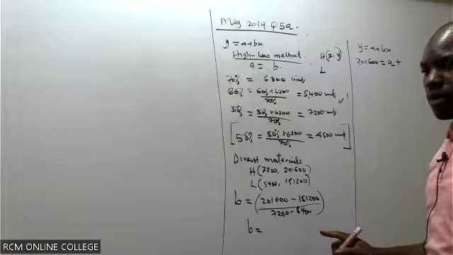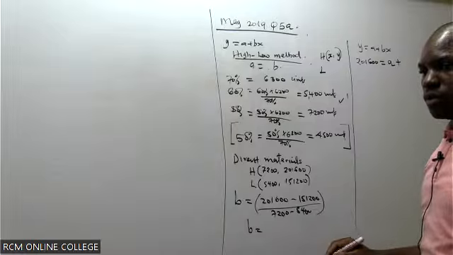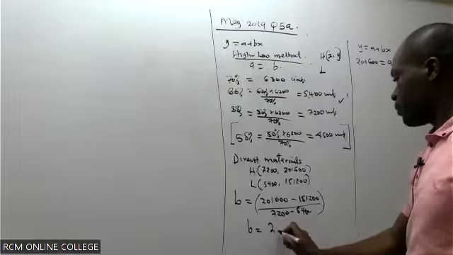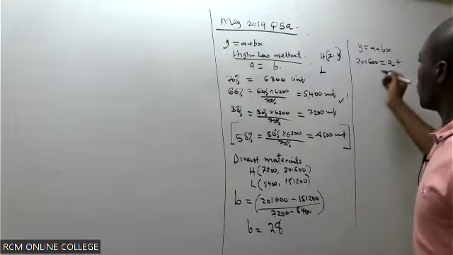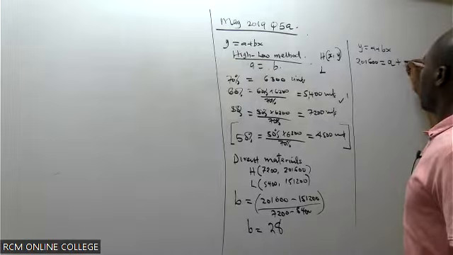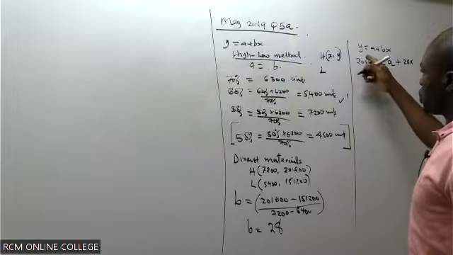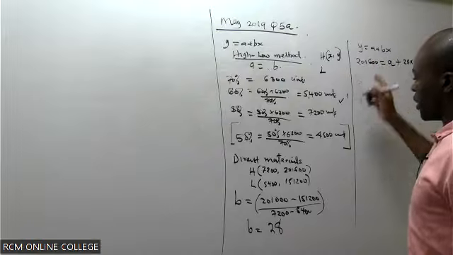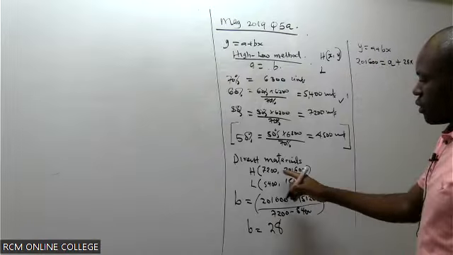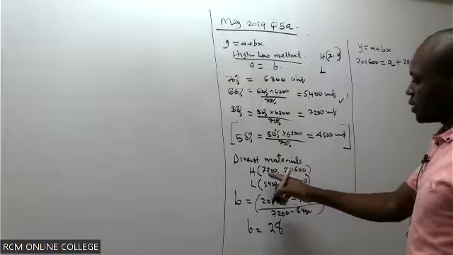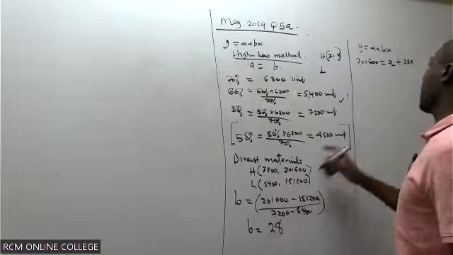B should be 28. So it is equal to A plus BX, which is 28, and that 28 we multiply by X. When Y is 201,600, X is equal to 7,200.